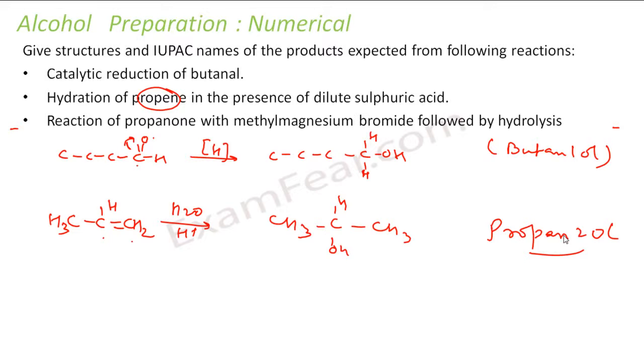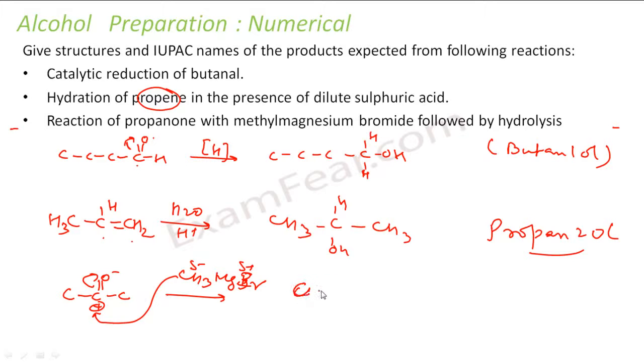Correct. The next is the reaction of propanone with methyl magnesium bromide followed by hydrolysis. So I have propanone. This is my ketone, propanone, and methyl magnesium bromide, CH3MgBr, followed by hydrolysis. In this case, there will be a partial negative and partial positive, so this will be attracted here.